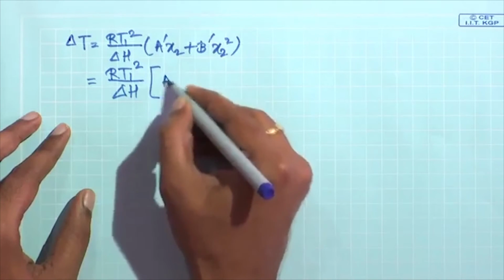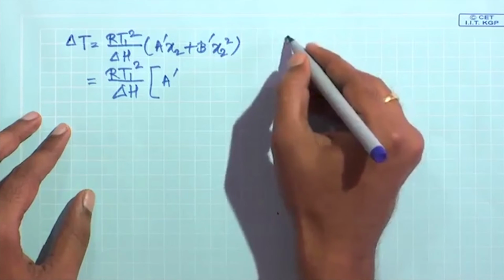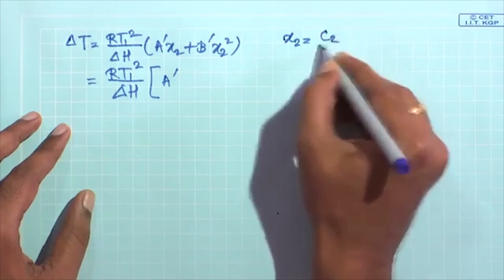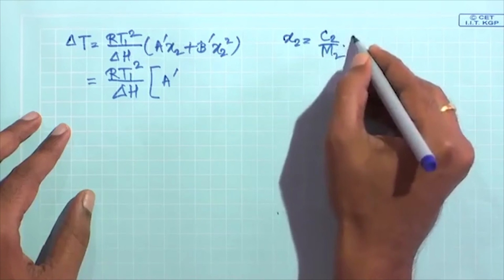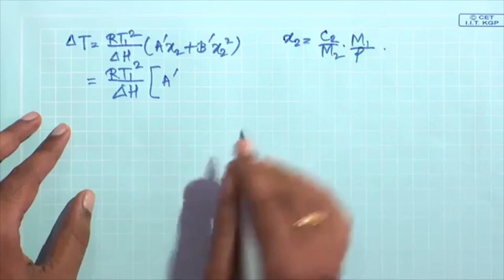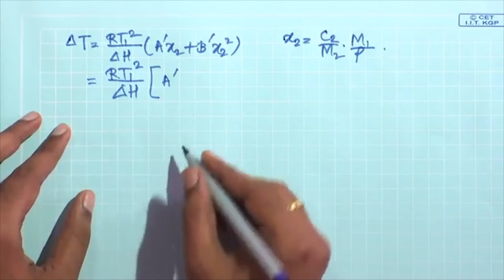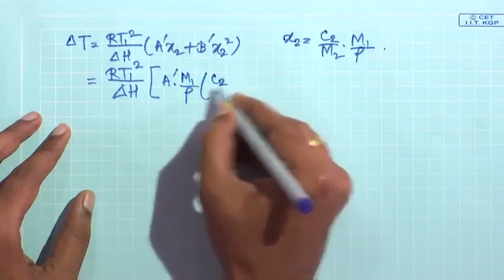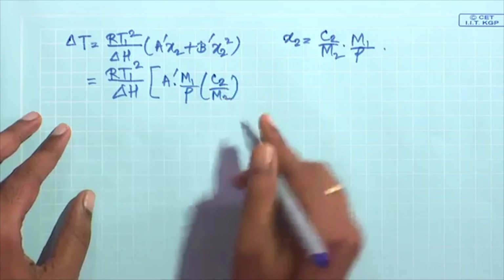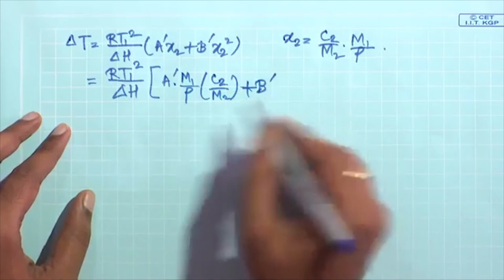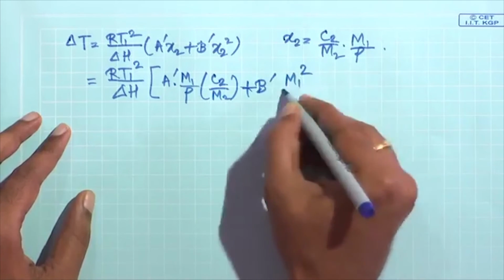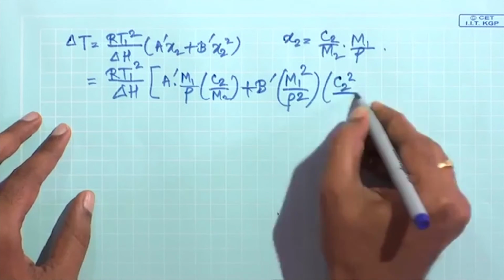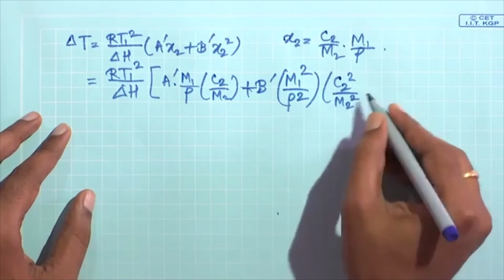Now, this particular expression, you are now replacing the x2. So, that will be A prime into, you know, the value of x2 was C2 divided by M2 into M1 divided by rho. So, you just put those values here. So, this will be M1 divided by rho into C2 divided by M2 plus B prime into x2 square, which is M1 square by rho square into C2 square divided by M2 square.